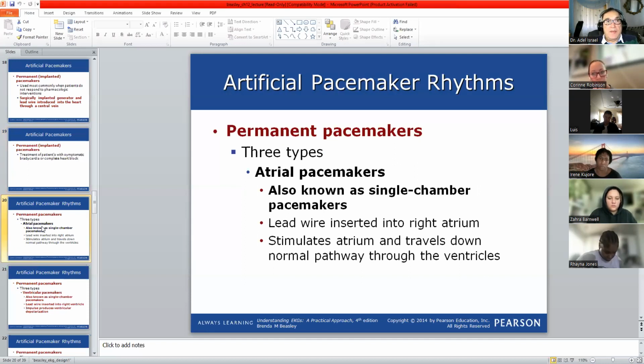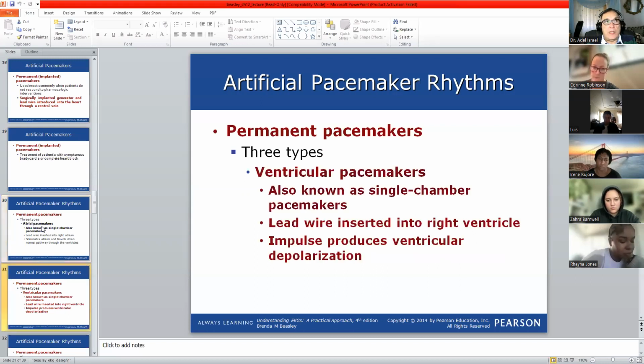We mentioned that we have three types: the atrial pacemaker, which is what we call a single chamber pacemaker, where the wire goes into the right atrium only. So this is single chamber. Or ventricular, which is also single chamber, right ventricle.